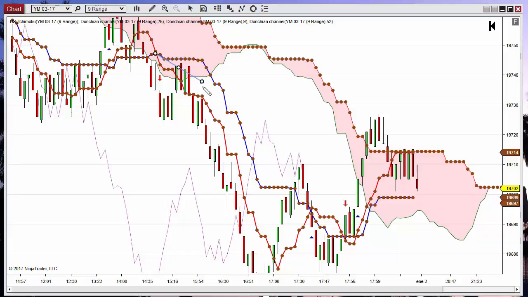And if we draw a line in the middle between the two lines, then displace that line to the right 26 bars, then we get the other side of the cloud.